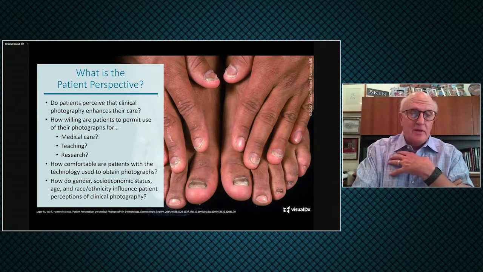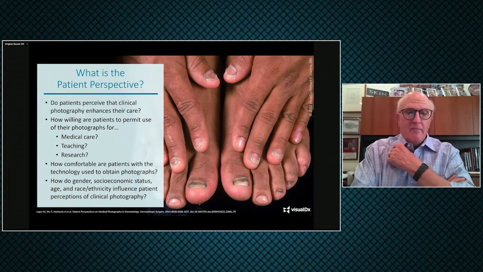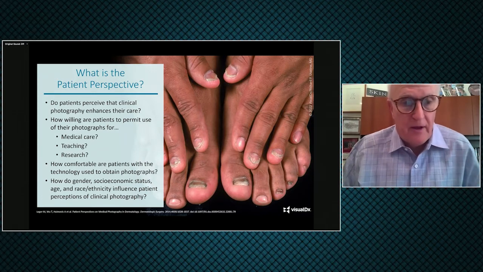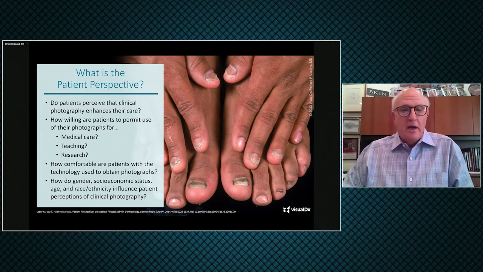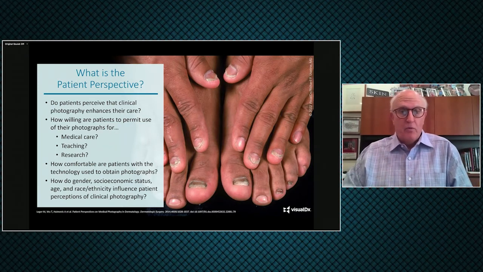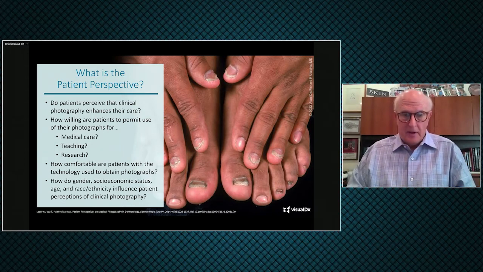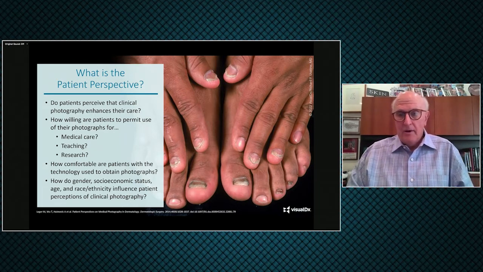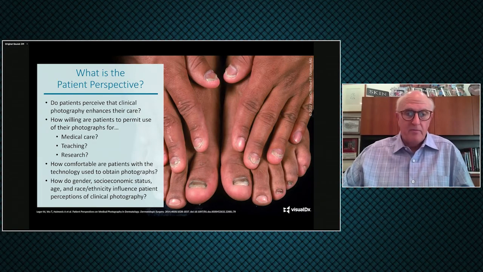Now, interestingly, in this study that we're referencing here, people's perception of and willingness to allow the photographs to be taken varies, and it's influenced by what you're taking a picture of, what the use is going to be, what their gender is, what their socioeconomic status is, their age, and their race. And there are people who differ and have been shown to be different.